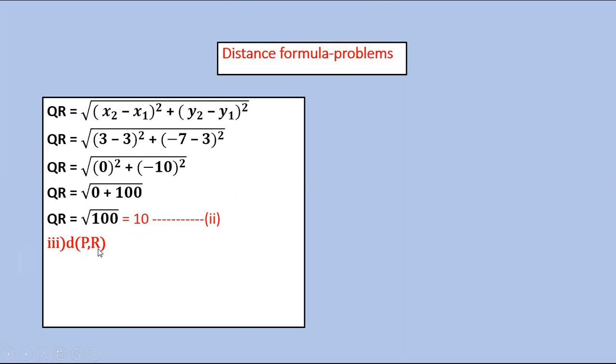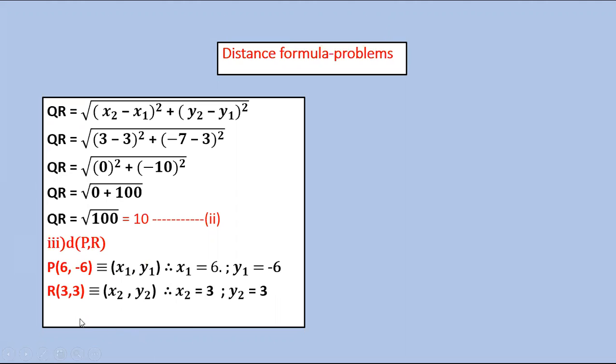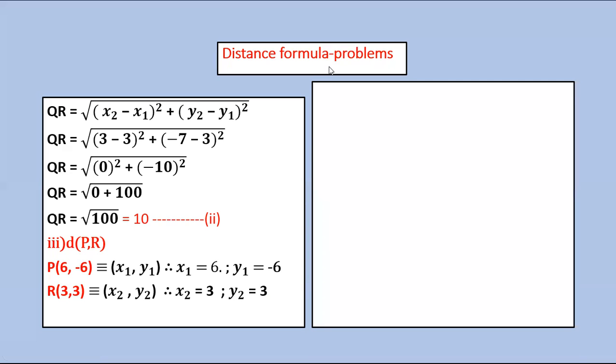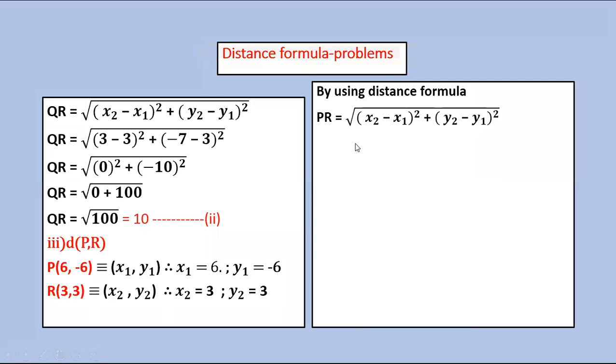Next, to find distance PR. Coordinates of point P(6, -6): x1 is equal to 6, y1 is equal to -6. And point R(3, 3): x2 is equal to 3, y2 is equal to 3. By using the distance formula to find distance PR, square root of (x2 minus x1) squared plus (y2 minus y1) squared.